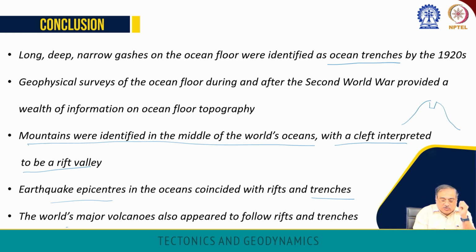The major volcanic chains which are active also appear to follow rifts and trenches. So, the ocean ridges and the ocean trenches were the sites majorly associated with the accumulation of stresses. They were also associated with thermal anomalies. This much was realized even by the beginning of the 1950s.